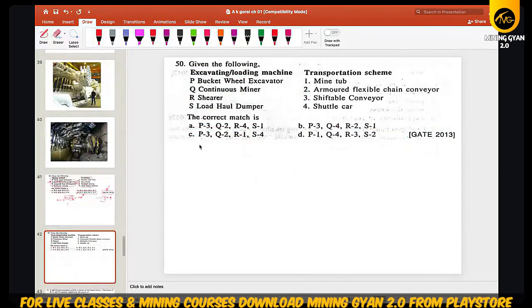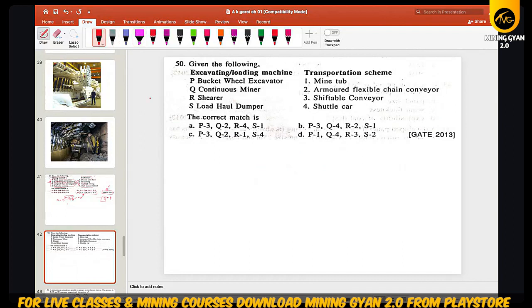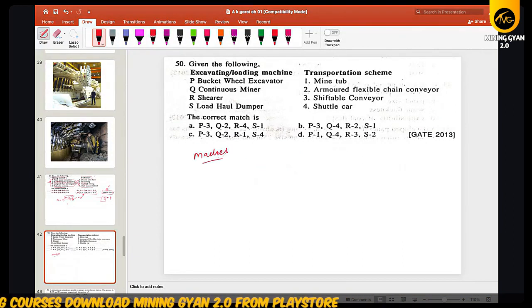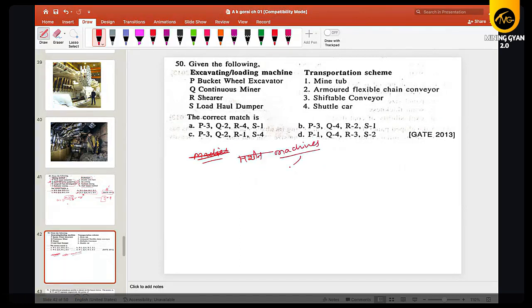Give the following, equating the loading machine and the transportation scheme. So first you should know, I told you that you should read about the machines. You should know about the machines, open cast as well as underground.